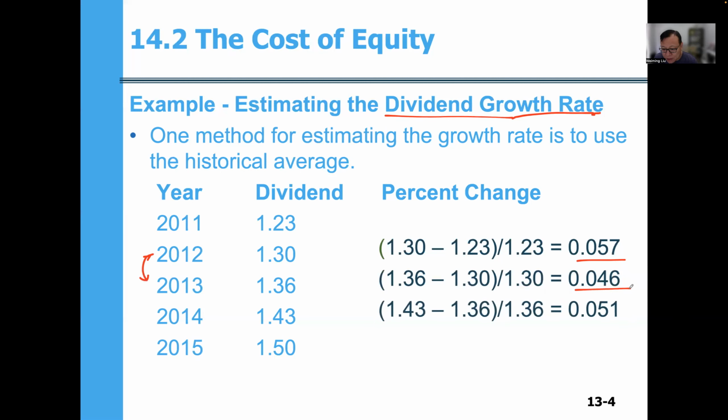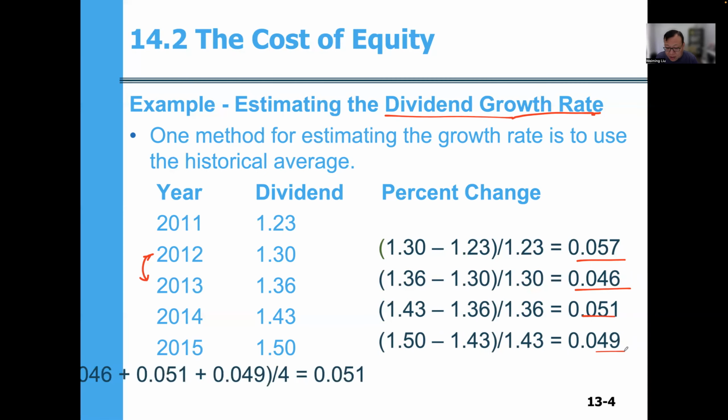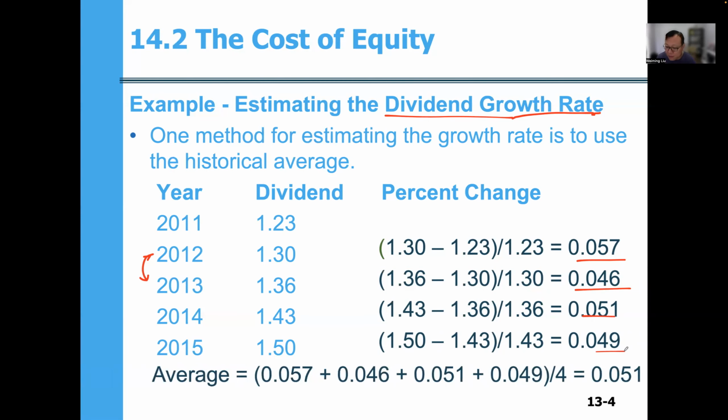You keep repeating the same calculation, and you can calculate the dividend change in percentage. Now, if you just take an average of the data, you have on average about a 5.1% growth rate.